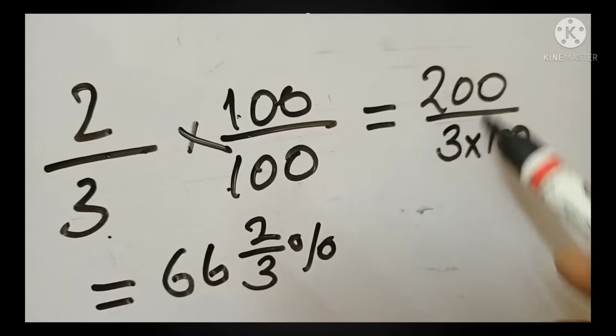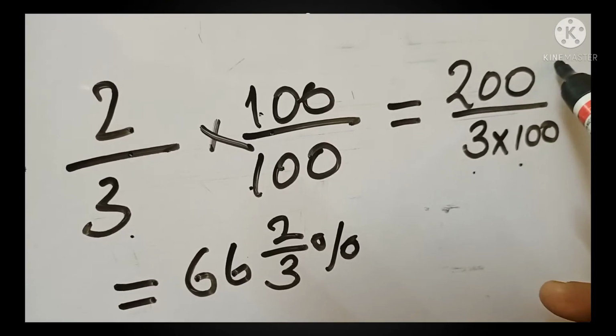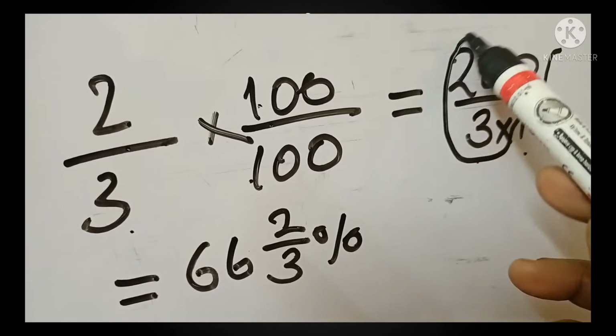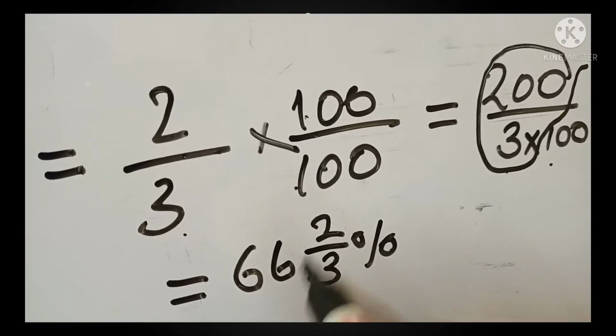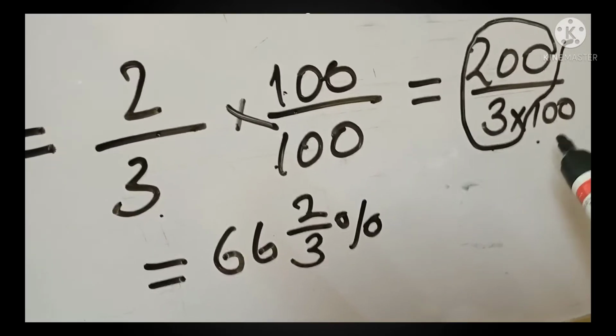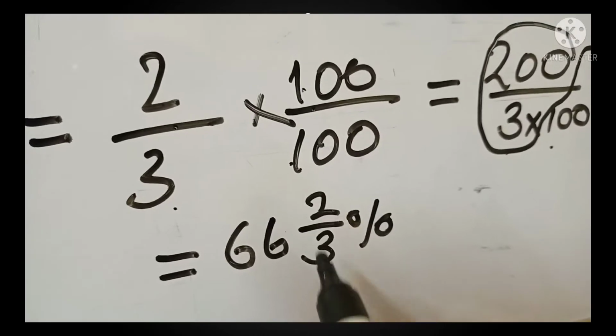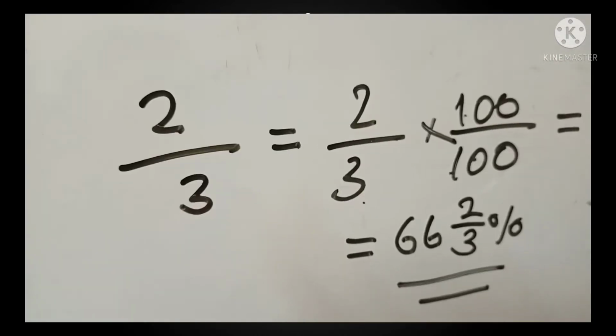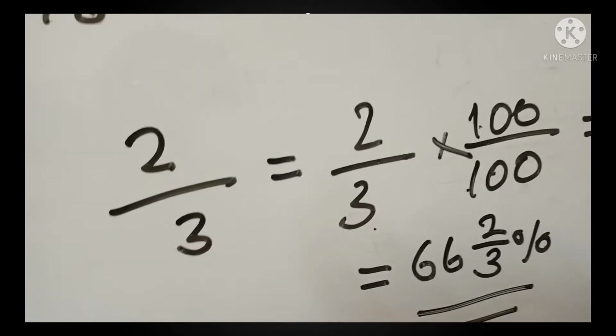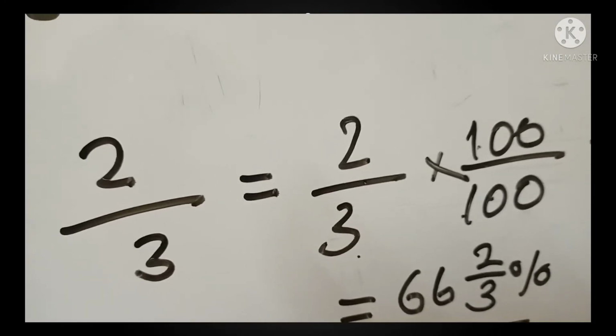Then it becomes 200 by 3 into 100. So we take 200 by 3, which is 66 2 by 3. Then it is divided by 100. So 2 by 3 is 66 2 by 3 percent.